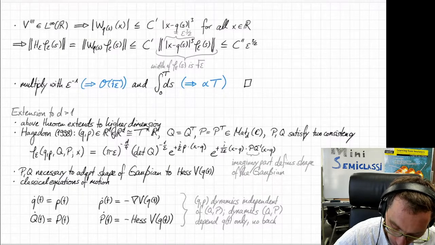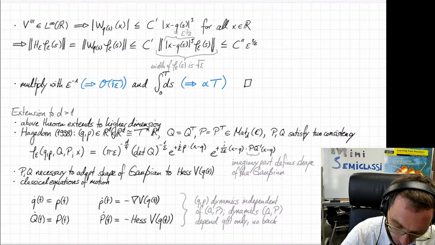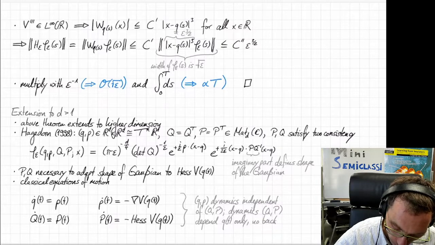Back reaction just means that the dynamics of capital Q and capital P does not influence the dynamics of small q and small p.